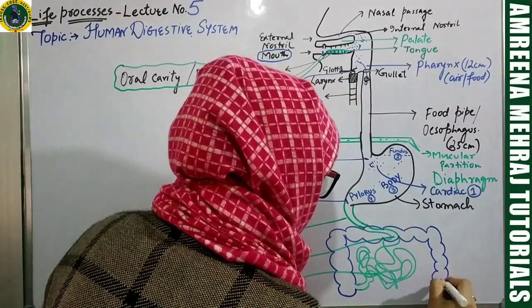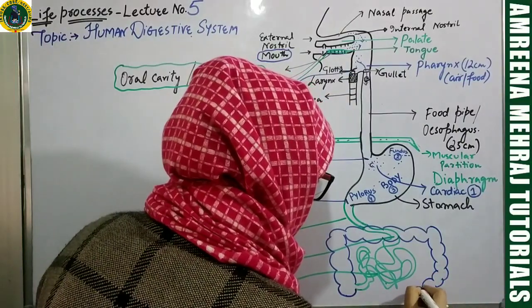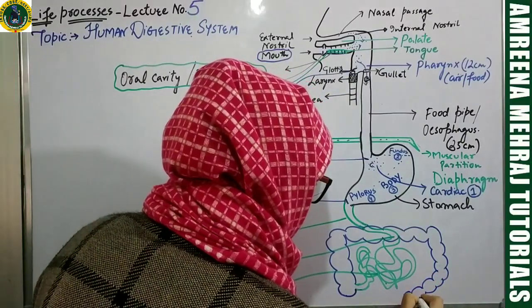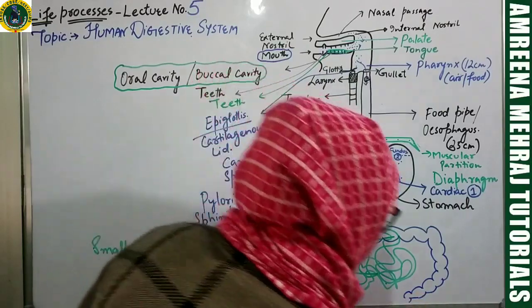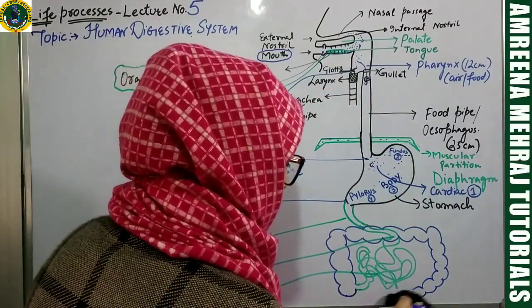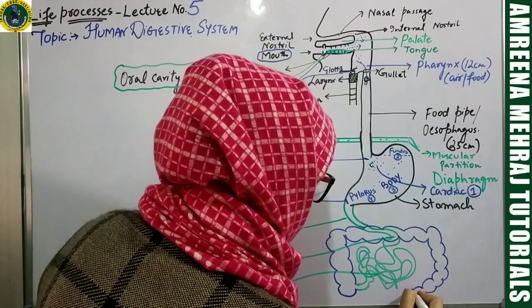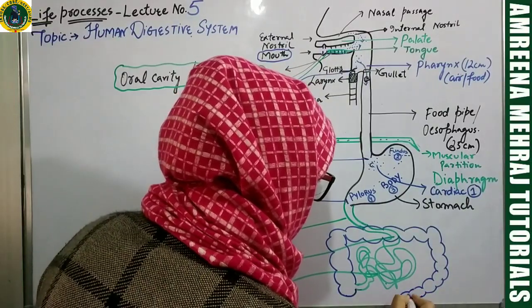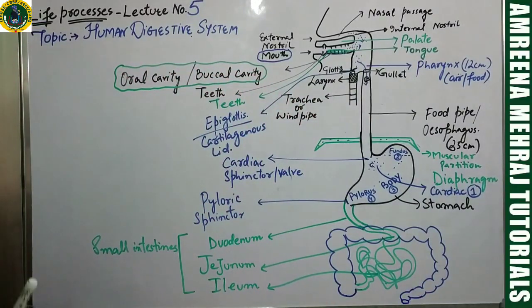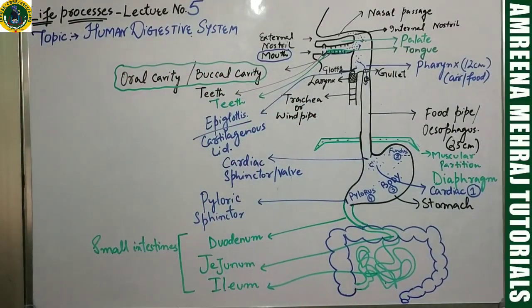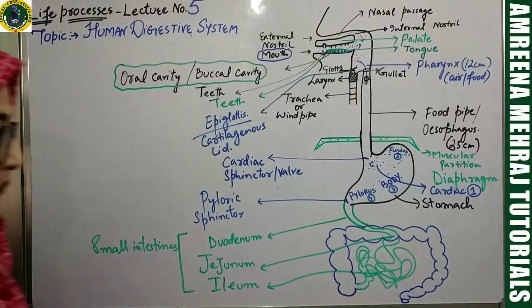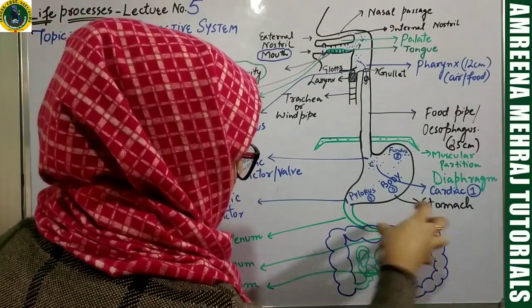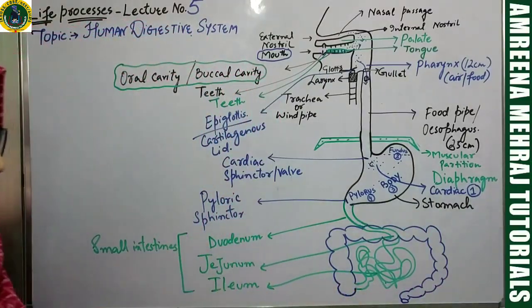Then I'll slightly tilt, and then I'll go like this, and since I have lesser space, I'll show the rest of the part on the side. If you notice, let me see whether it's visible. Yeah, it's slightly visible. And see, this blue colored part is the large intestine part.